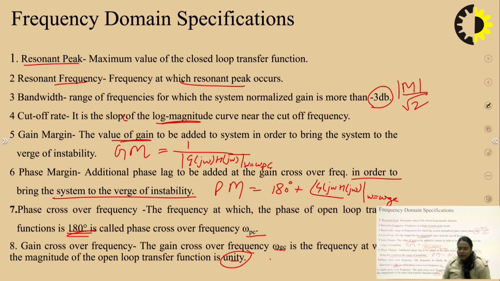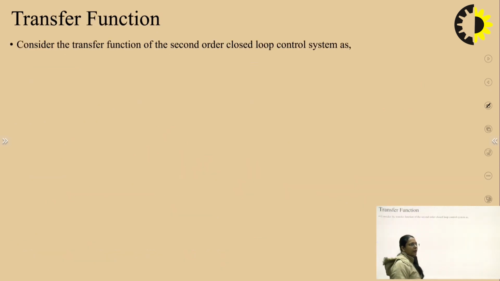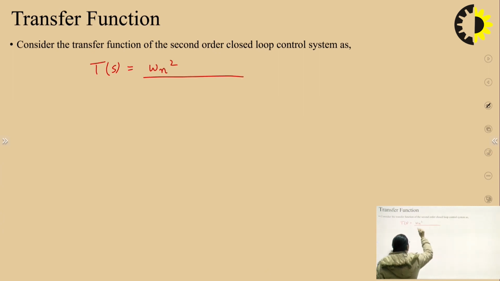Now I'll start with the derivation of the transfer function. First of all, the transfer function of the second order closed loop control system. In transient response analysis, we have read that the standard transfer function for the second order closed loop control system is T(s) equals omega n square upon s square plus 2 zeta omega n s plus omega n square.